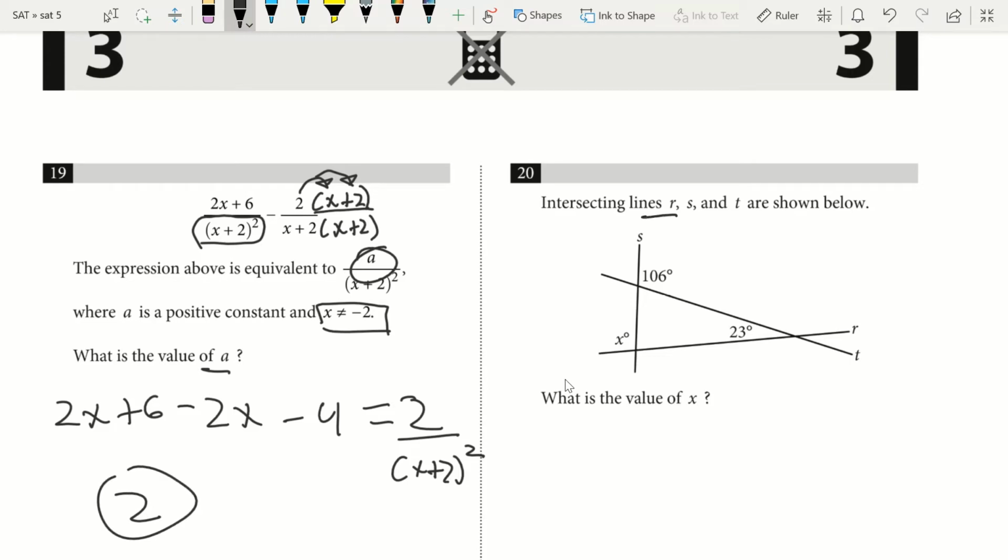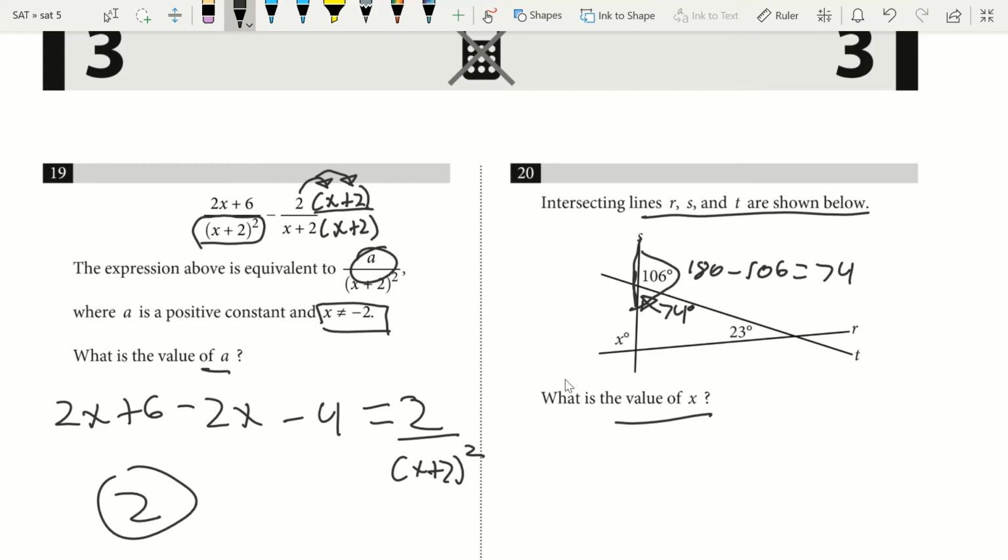Question 20. Intersecting lines at R, S, and T are shown below. What is the value of x? Alright, well I see I've got 106 on line S here. I know that this equals 180, so my angle here is going to equal 180 minus 106, which will give me 74.